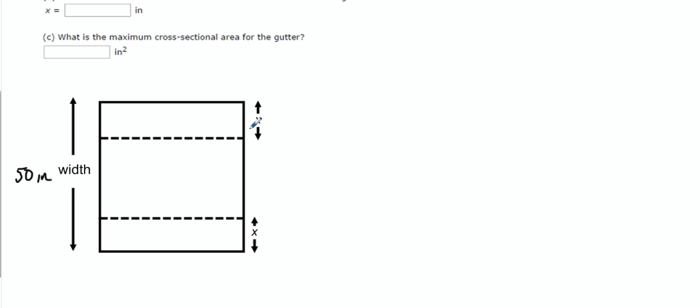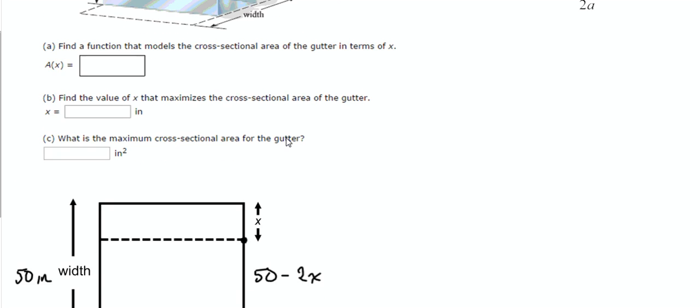They just showed us in the diagram above that they're going to take this distance of x and this distance of x and fold them up. Now, if they do that, you would have to subtract x and x. Therefore, this distance from this point to this point is going to be the whole 50 minus both of these x's, so 50 minus 2x.